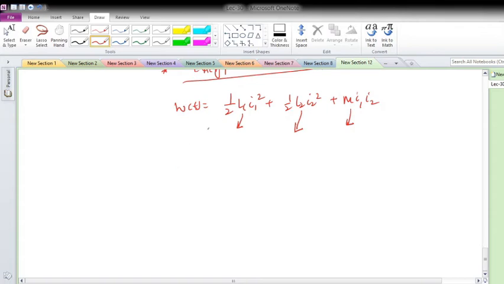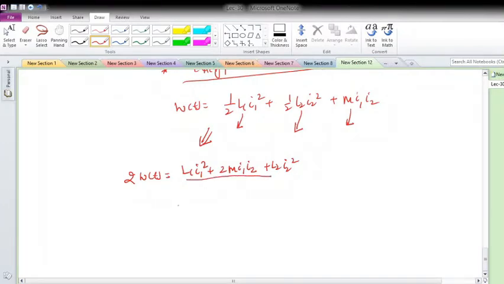So this I can also write as 2 into W of t, which will be L1 I1 square plus 2M I1 I2 plus L2 I2 square. Now I would like to do something in order to make out something interesting, so let me do some square form.